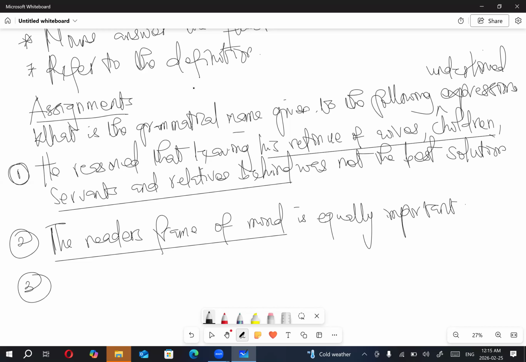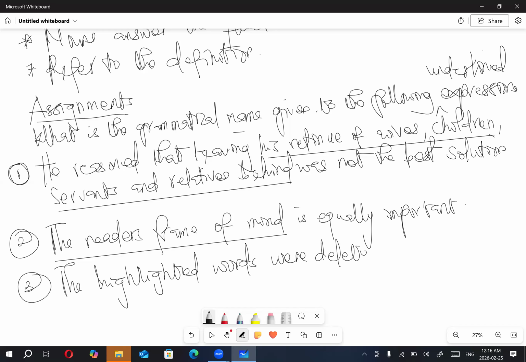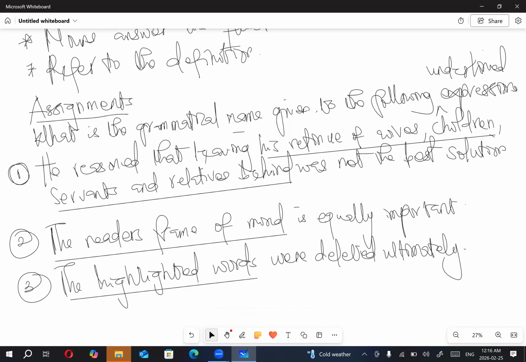The highlighted words were deleted ultimately. The highlighted words. Let me know your thoughts on that.